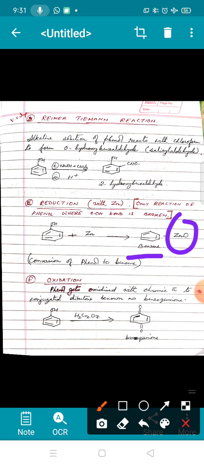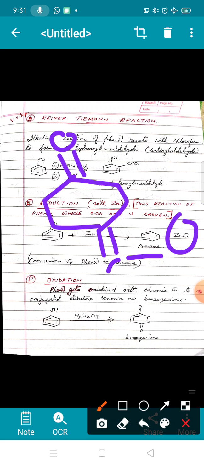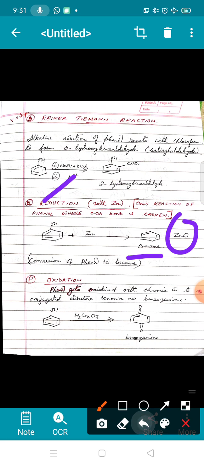When phenol gets oxidized, it forms a diketone called benzoquinone. You can see here the aromaticity is lost. Two oxygens get attached in the para position with respect to each other, and the double bonds shift to attain these positions in the ring. So try to remember this reaction as well. In fact, all the reactions are to be remembered.